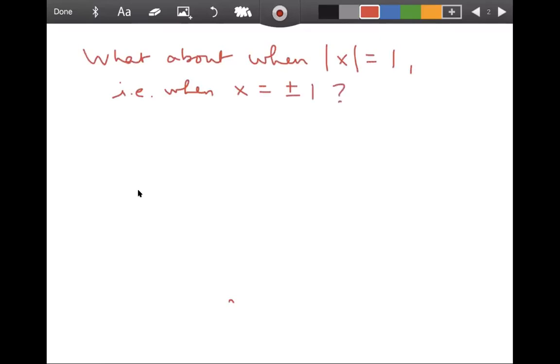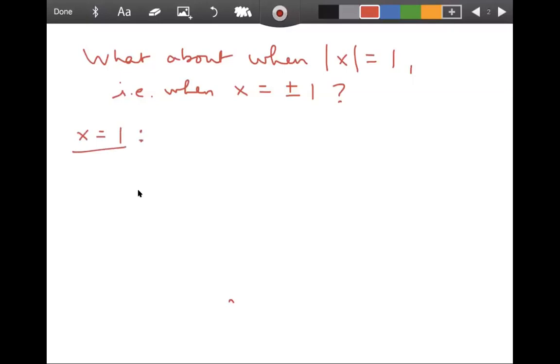Okay, because in that case, rho will be equal to 1. And in that case, the ratio test is inconclusive. So what you have to do in this case is look at those values individually. So let's start with x equals 1.